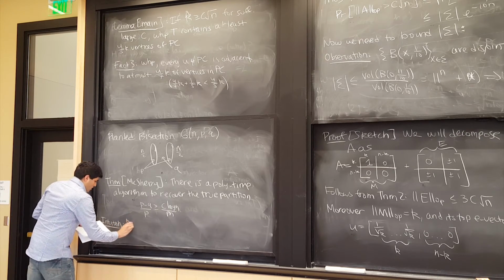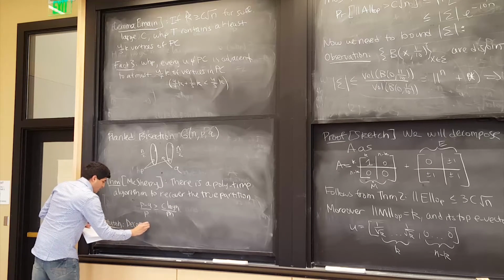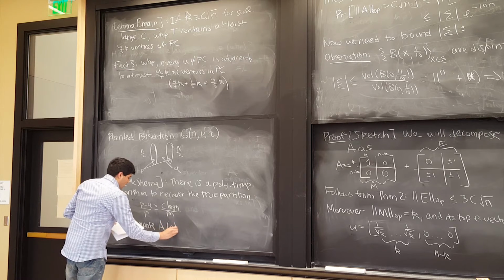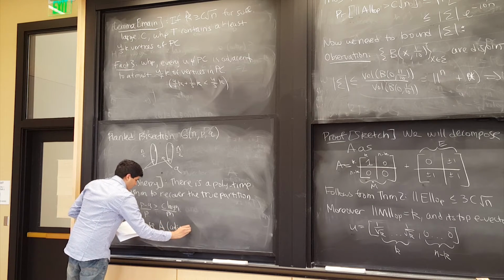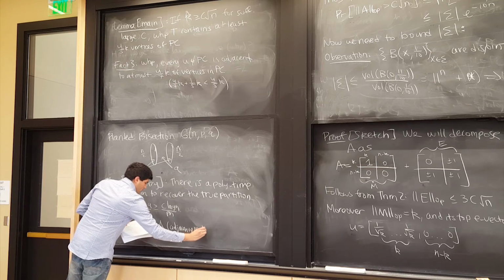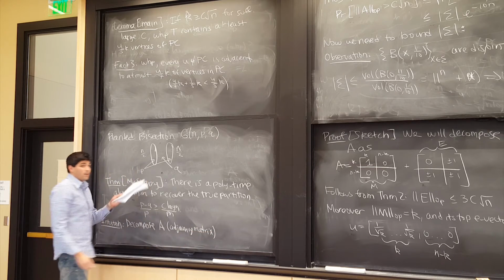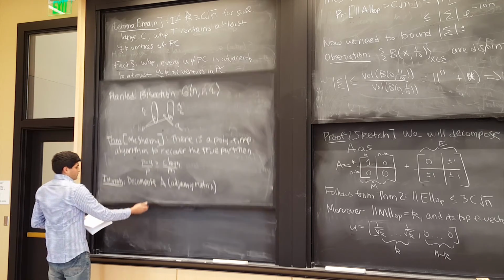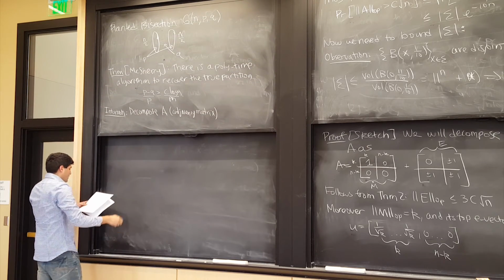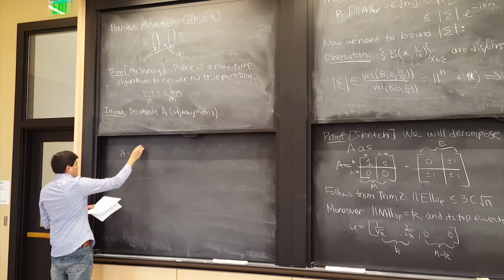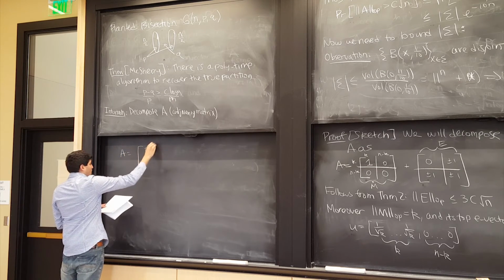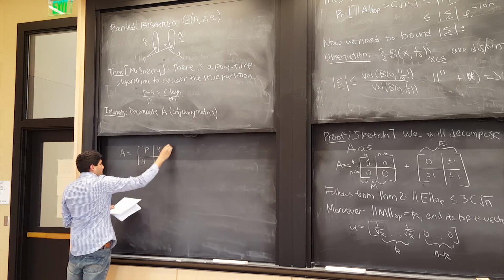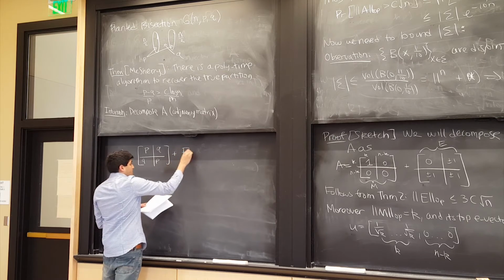Let me state the intuition, which is actually the same exact idea. Imagine we take a matrix A, which in our case would be the adjacency matrix. We take our graph G, which came from the random graph model, and we're going to decompose this adjacency matrix as the sum of two different matrices plus some error.